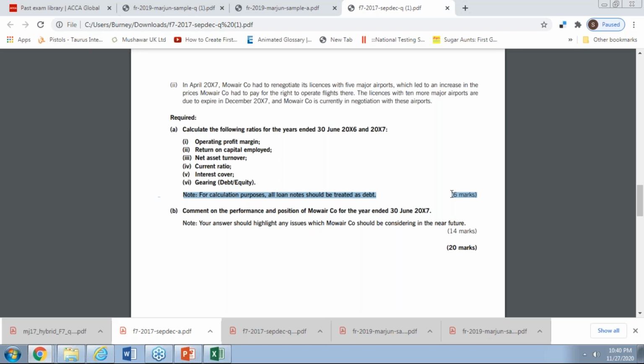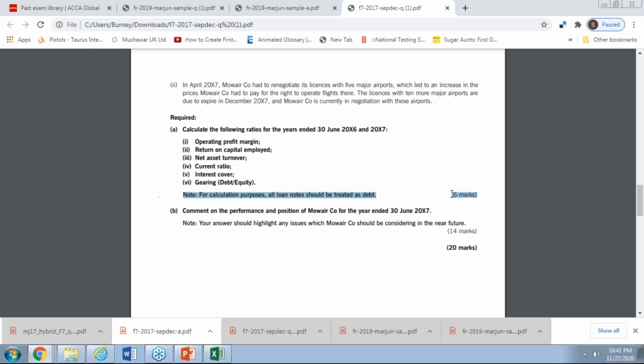So if you calculate all the ratios in a time of 20 or 30 minutes, you will lose marks, because you will only score 6 marks if you just calculate the ratios. Usually students do the calculation, spend most of the time on it and leave the commenting area in the examination.